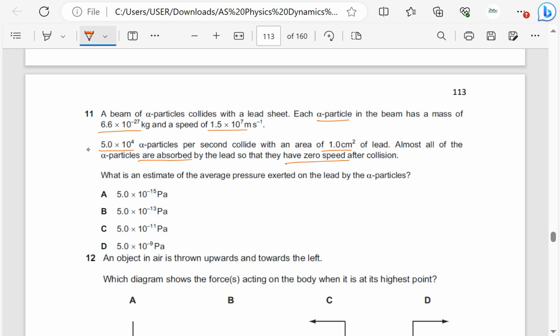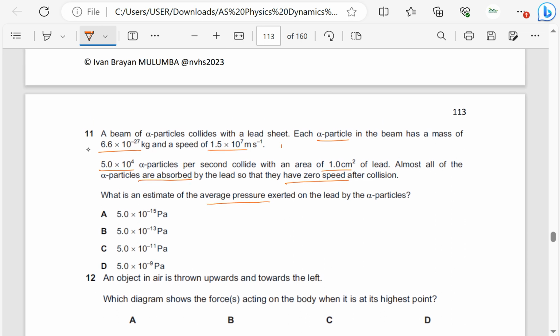What is the estimate of the average pressure exerted on the lead by the alpha particles? First of all, we know that pressure is equal to force over area. And we also know that force is equal to the rate of change of momentum, small p for momentum.